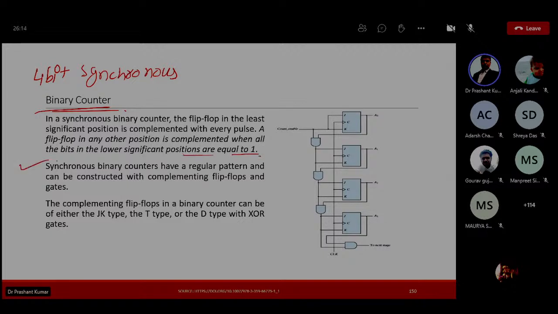Synchronous binary counters have a regular pattern and can be constructed with complementing flip-flops and gates. The complementing flip-flops in a binary counter can be either JK type, T type, or D type with XOR gates.